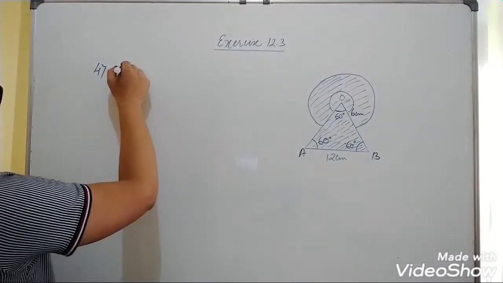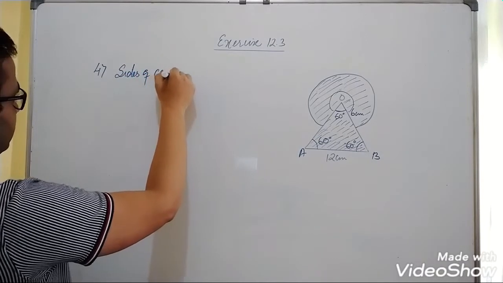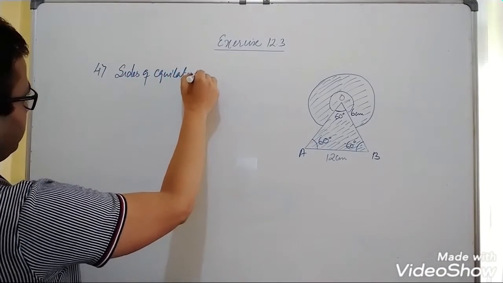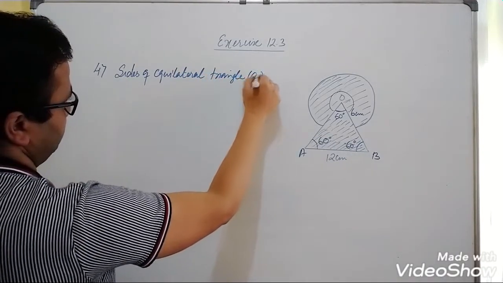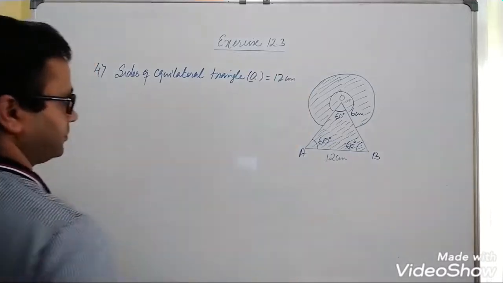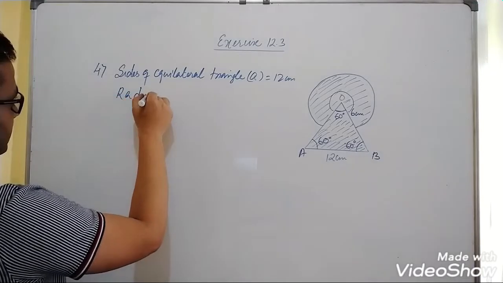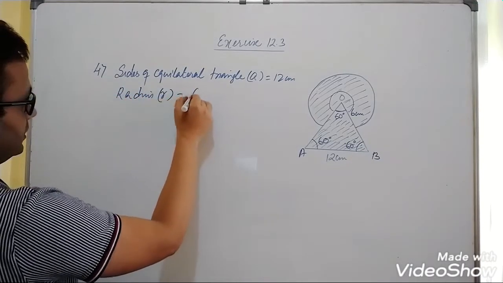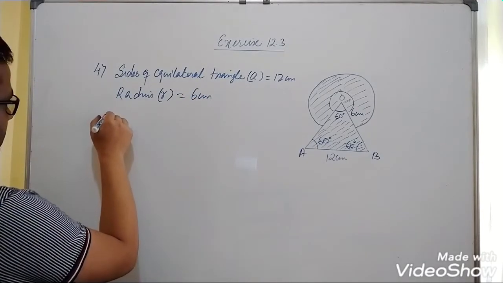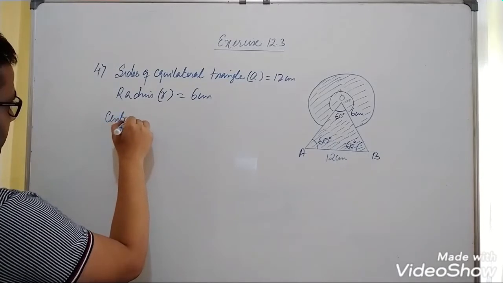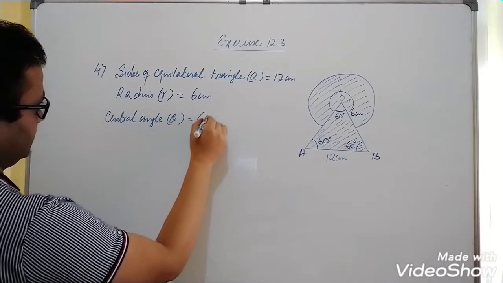Now the side of the equilateral triangle, a, equals 12 centimeter. The radius of the circle, r, equals 6 centimeter. The central angle theta is 60 degree.